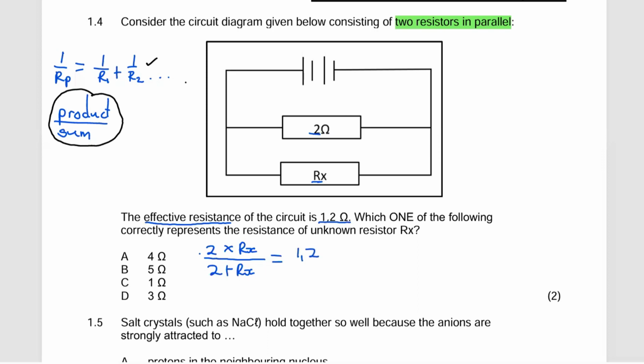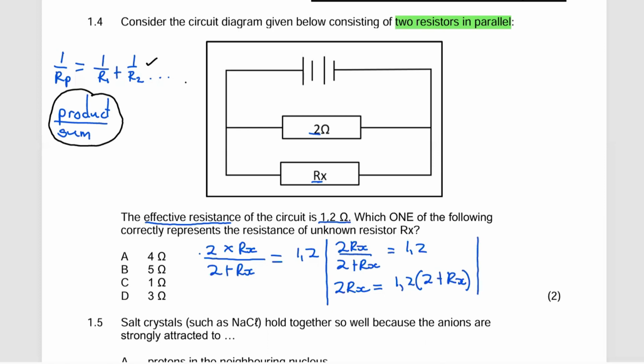So from the top part, we're going to have 2Rx all over 2 plus Rx, which is equivalent to 1,2, right? So multiplying by the base, which is 2 plus Rx, on both sides, we're going to have 2Rx is equivalent to 1,2, and then everything in brackets, 2 plus Rx, right?